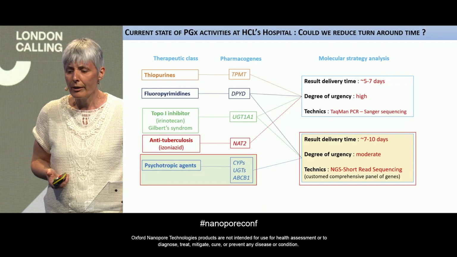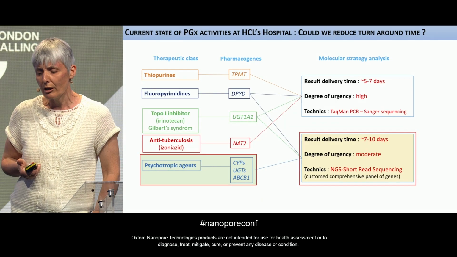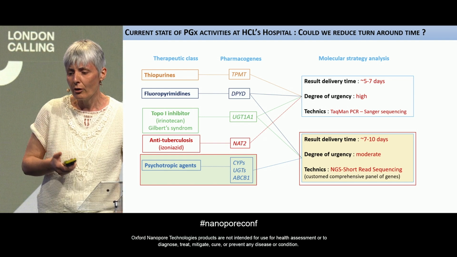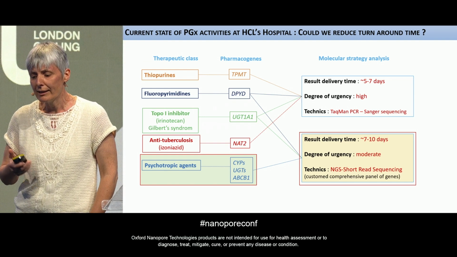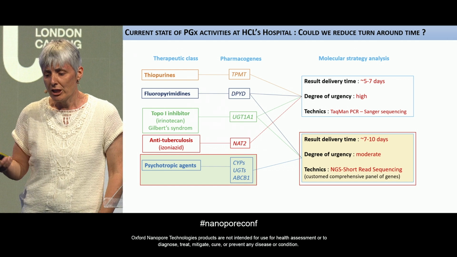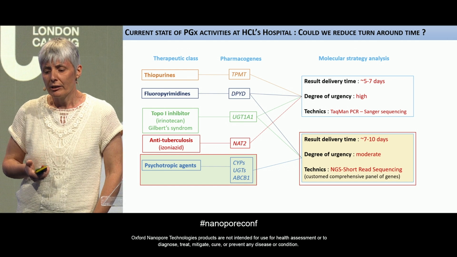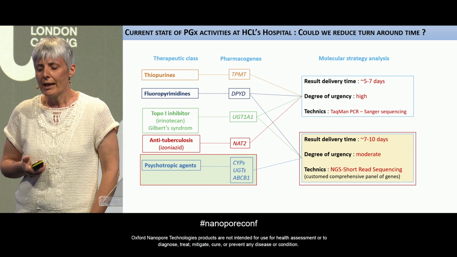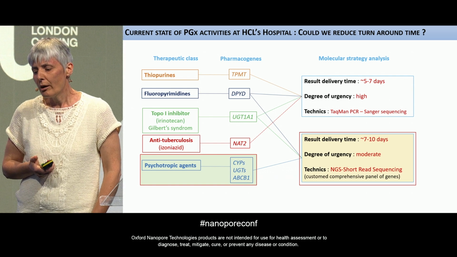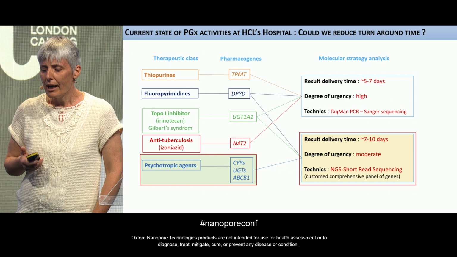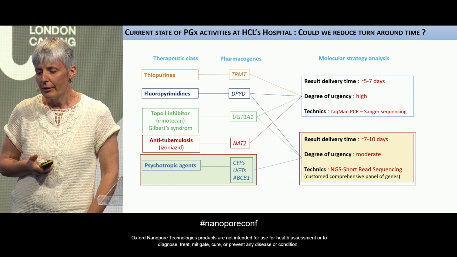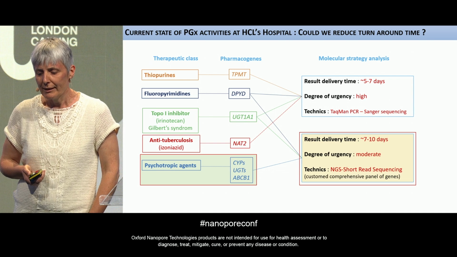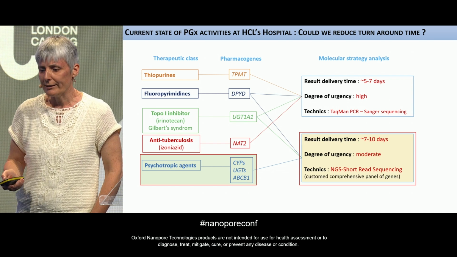For example, when we want to prescribe a thiopurine molecule, it cannot be done before the pharmacogenomic analysis of the TPMT gene because we have some variants associated with life-threatening effects. But for psychotropic agents, we have a little more time, and we can release the report within 7 to 10 days. But we have to study more genes.